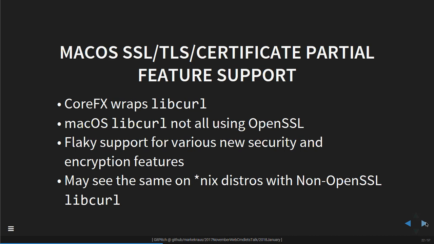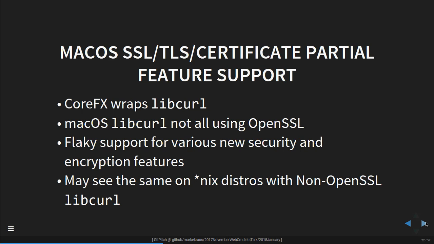So another kind of pain point about cross-platform anything is that things never work 100% on every platform, no matter how hard you try. macOS is really picky here, and this has something to do with the way that .NET Core implements their HTTP client.